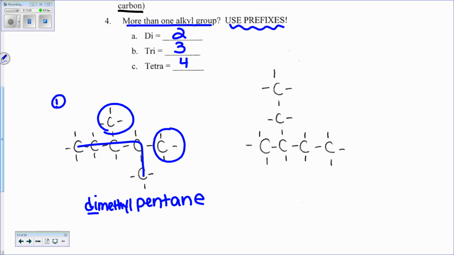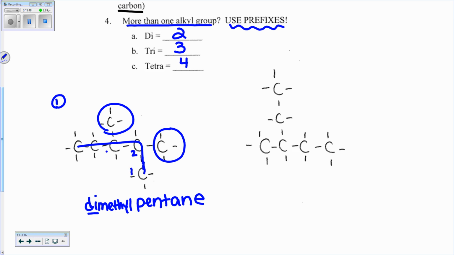Now, I've got 2 options. I can start at the beginning and go 1, 2, 3, 4, 5. But that would put my methyl groups on the 3 and the 4. If I number it the other way, I can call this 1.